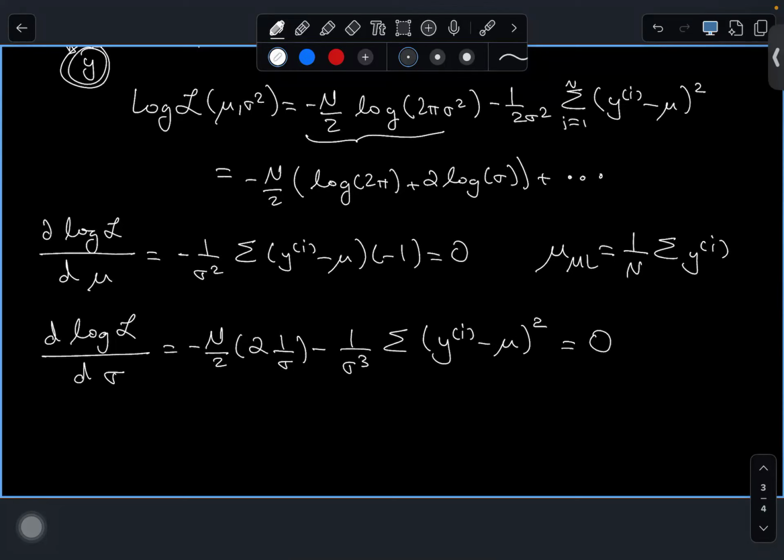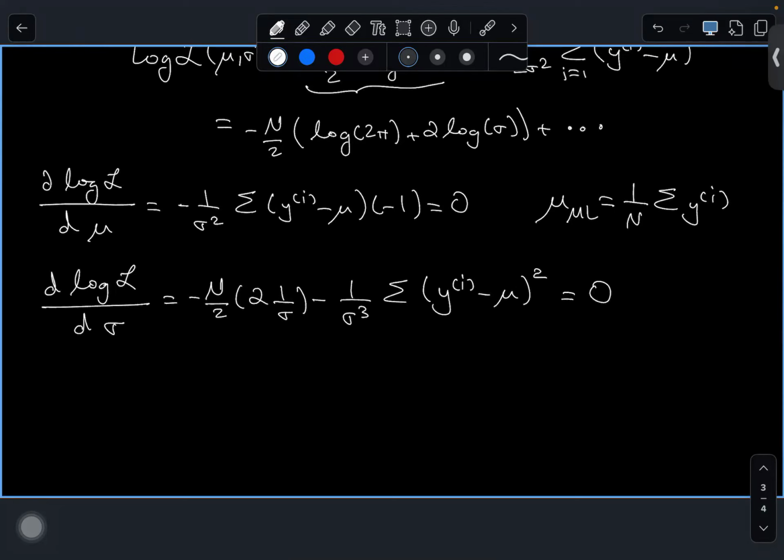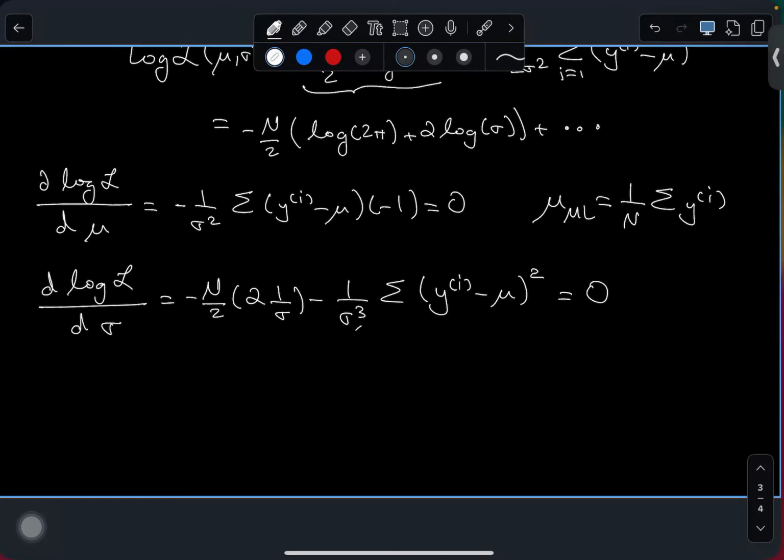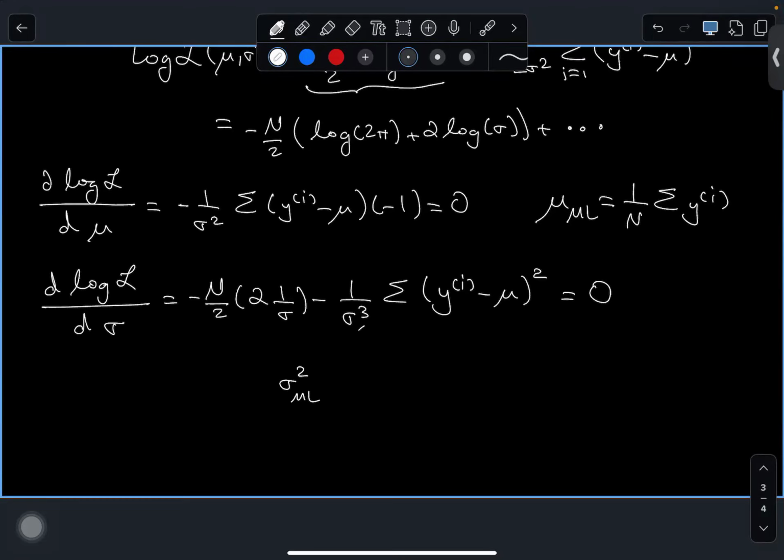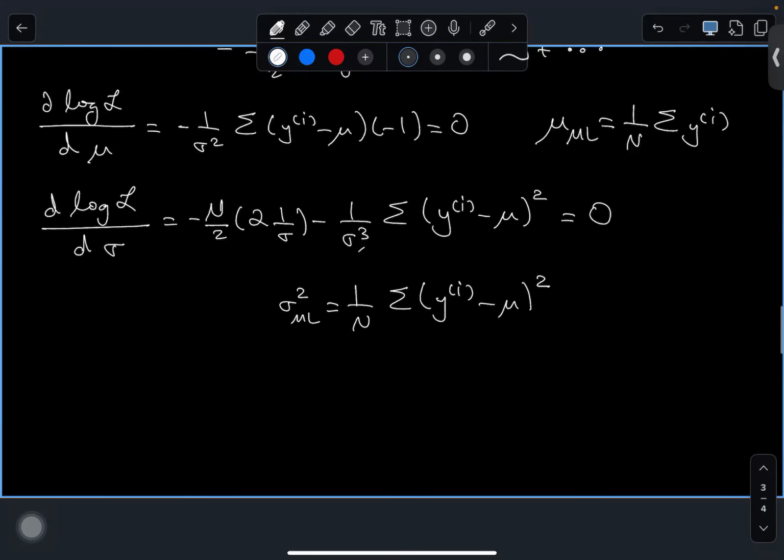Set that equal to 0 and solve for sigma. I have a sigma and a sigma cubed. I get rid of one of those, and I get the maximum likelihood to be 1 over n, the sum of each data point minus the mean squared. Okay, so these are the two familiar equations I'm sure you've seen: the mean equation and the variance equation.